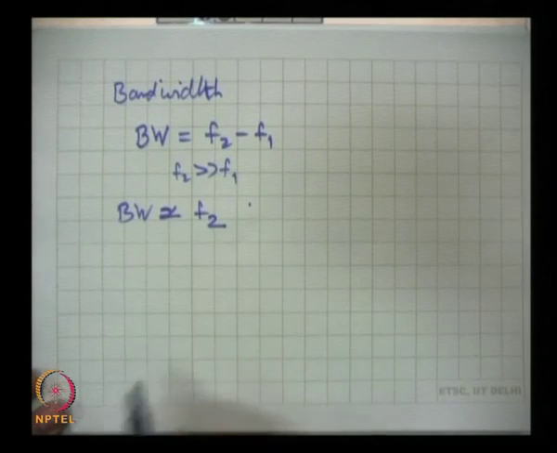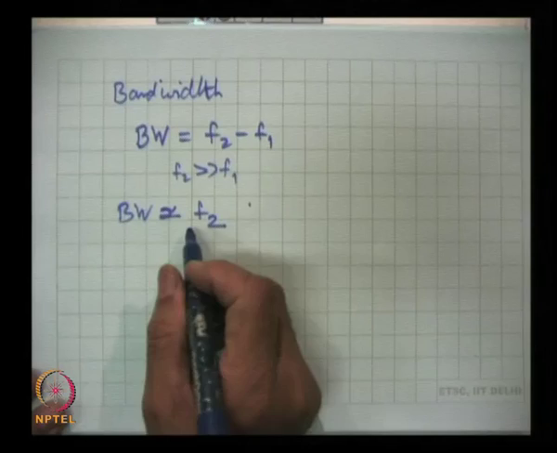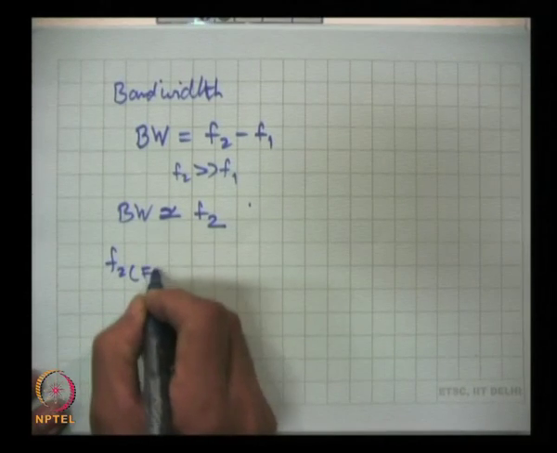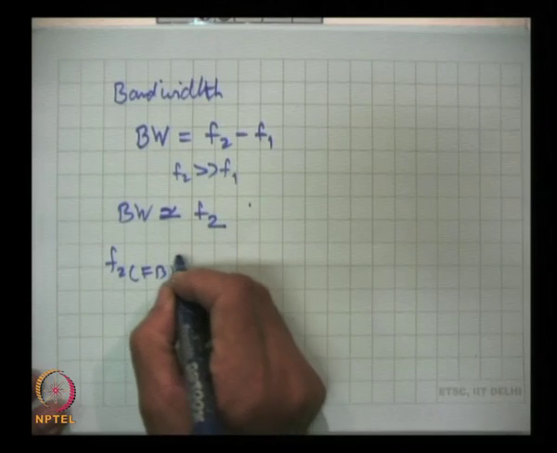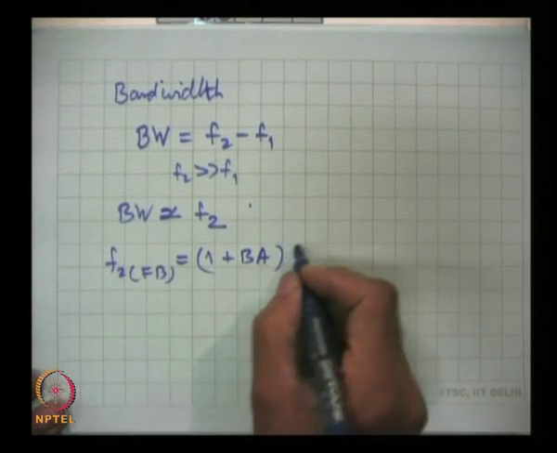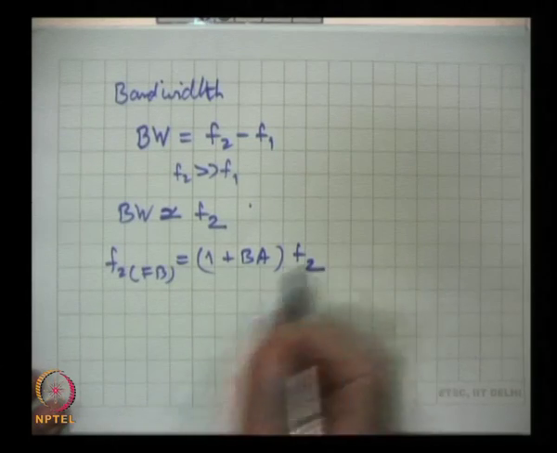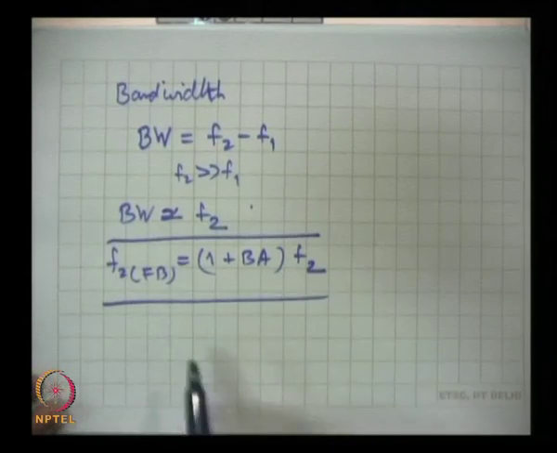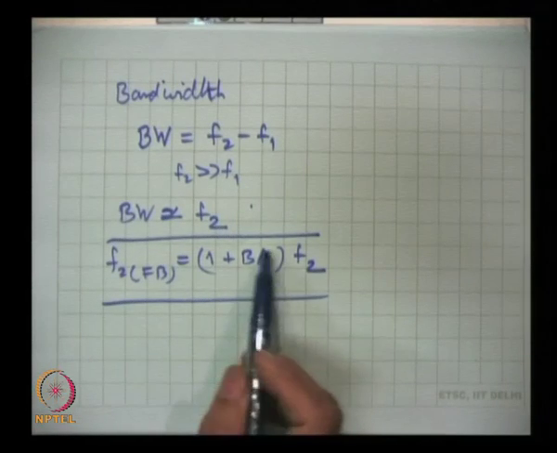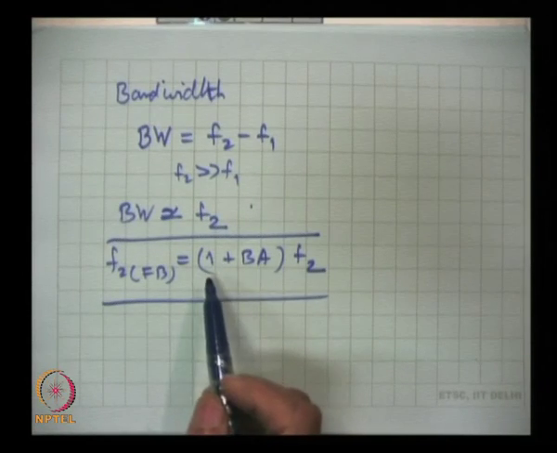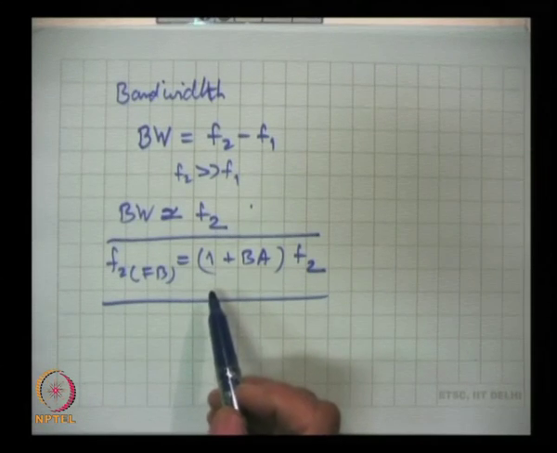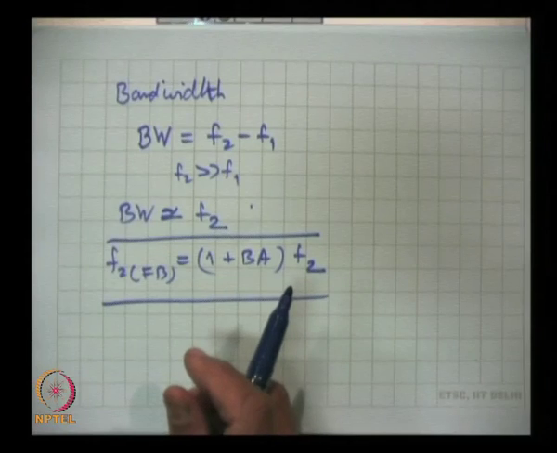So that the bandwidth with the negative feedback becomes F2 FB equal to 1 plus BA into F2. This is the change in bandwidth. If this factor is 100, then bandwidth is raised by 2 orders of magnitude just by incorporation of the negative feedback.